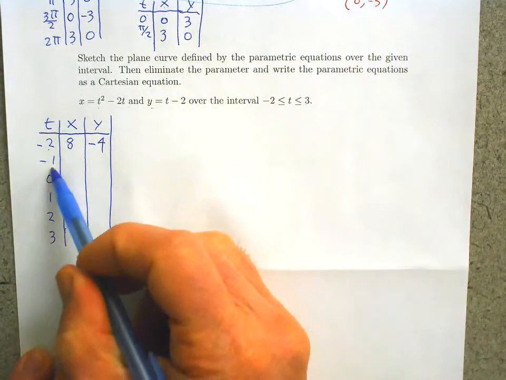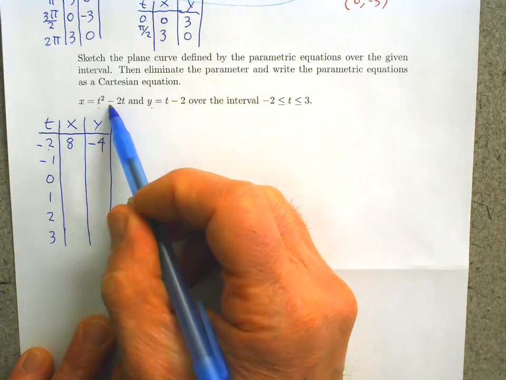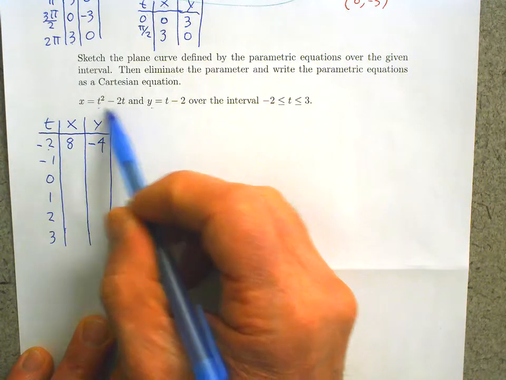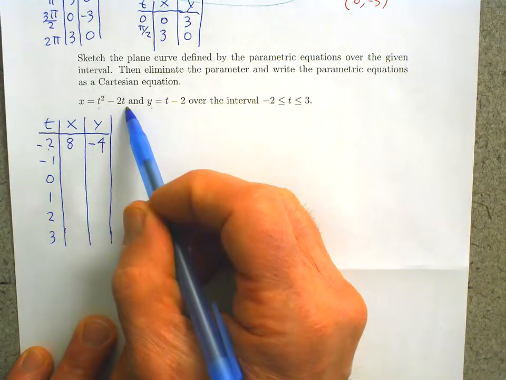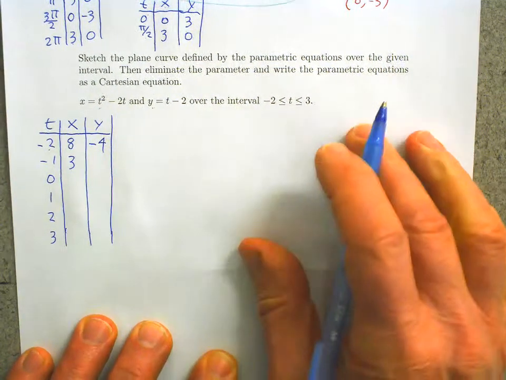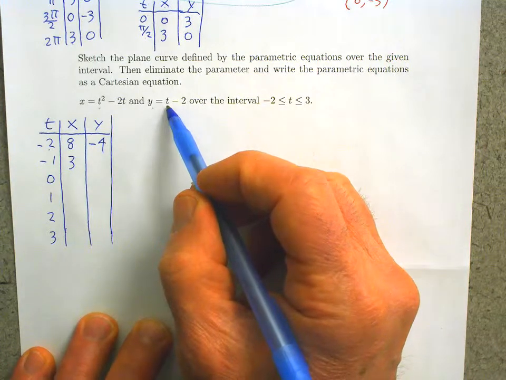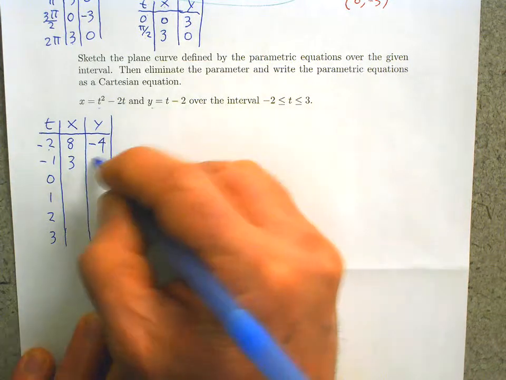When t equals -1, -1 squared is 1. 1 minus 2 times -1 is the same as 1 plus 2. So the x-coordinate is 3. And then for the y-coordinate, -1 minus 2 is -3.